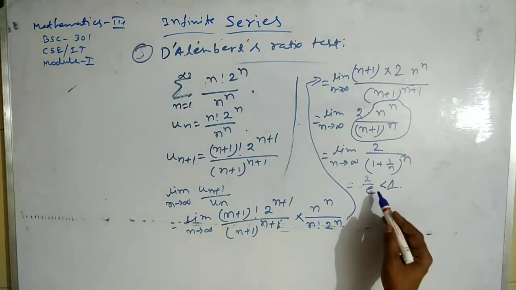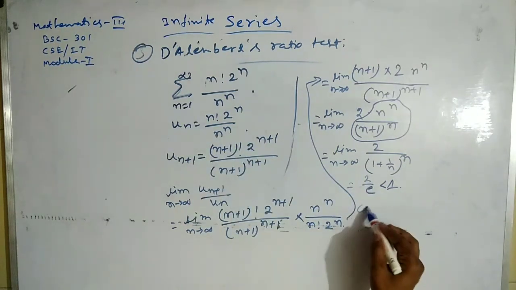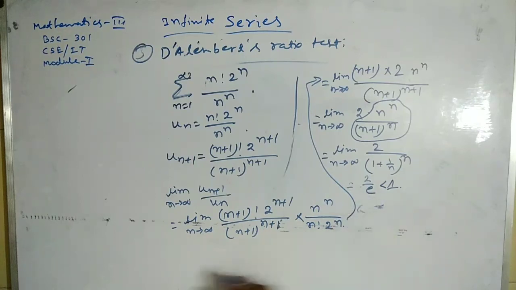So since the limit is a finite real number and less than 1, the series will be convergent. In this way we can check the convergence of a series using D'Alembert's ratio test.